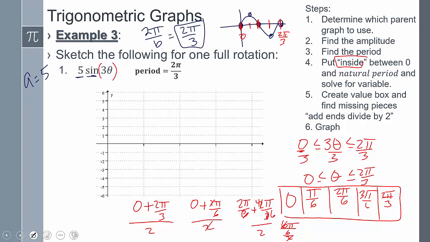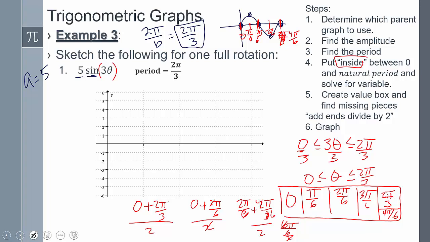It's actually nice that they're all divided by 6 because that means I can go through and mark these appropriately. It's called scaling. So I can scale this into 4 pi over 6. And now I can count it. Let me draw it on that parent graph that I sketched out real quick. That's 3 pi over 6, and then now that's 4 pi over 6.